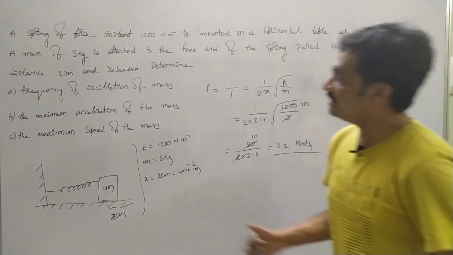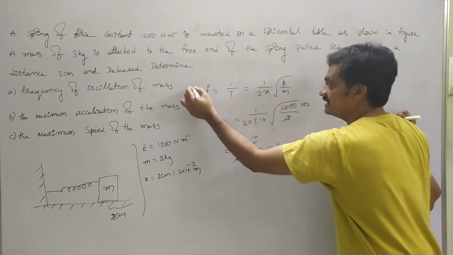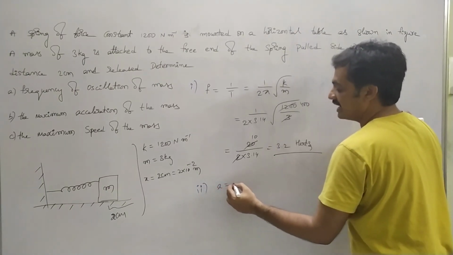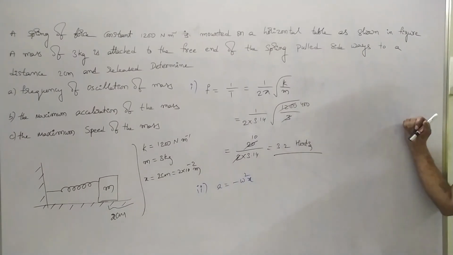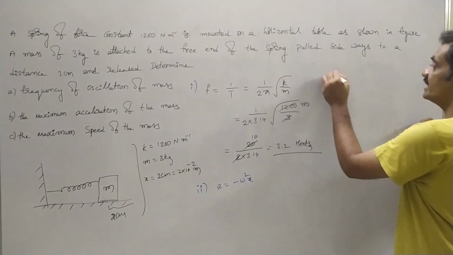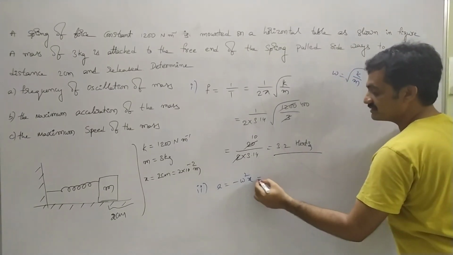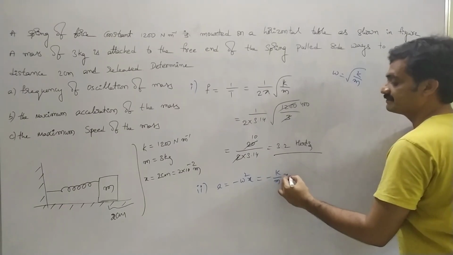Now we have to find the maximum acceleration, where we know that acceleration is given as a is equal to minus omega square into x, where the value of omega is under root of k by m. As we substitute here, we have minus k by m into x.